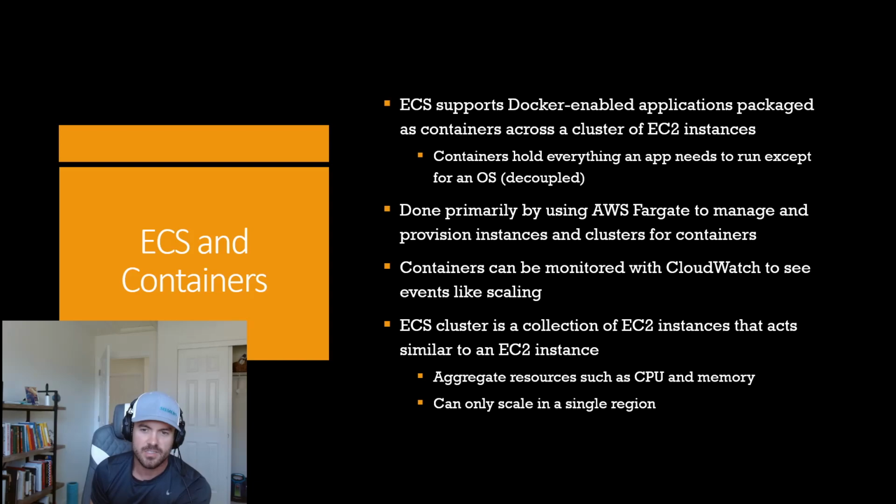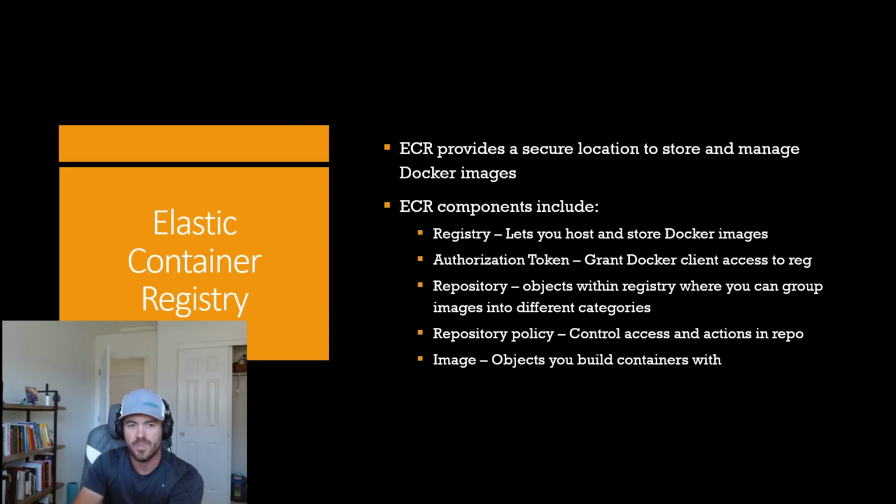And ECS clusters are basically a collection of EC2 instances that act similar to an EC2 instance, right? It's just a collection of instances working towards a common goal. And they're going to aggregate resources like their CPU and memory, but you can only scale them in a single region, okay? Elastic Container Registry, ECR, provides a secure location to store and manage Docker images.